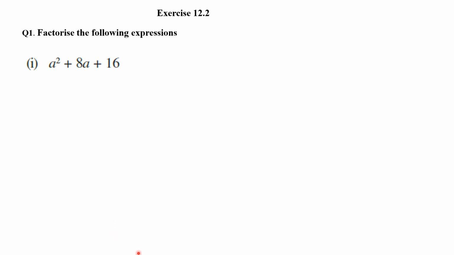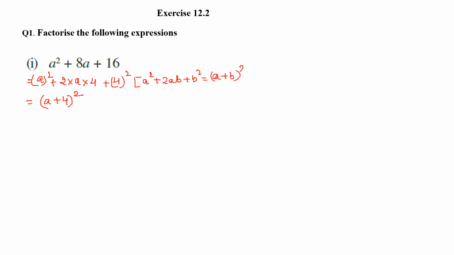So I am getting this. It means I can rewrite it as a whole square plus 4 whole square plus 2 into a into 4, 2 4s are 8, so 8a. So this is equal to a plus 4 whole square, and you have to mention the identity also here. You can mention a square plus 2ab plus b square is equal to a plus b whole square.